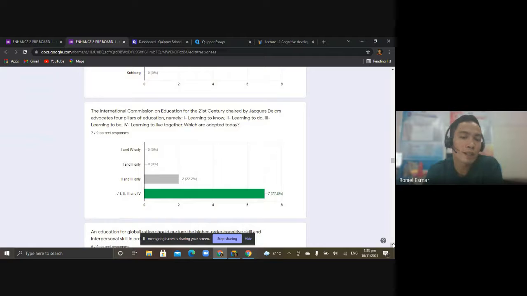Should we exclude one of the four pillars as being adopted today? Is there one of the four pillars that we have not put into practice today, that we do not include in the teaching and learning process in any educational system around the world? Is it just learning to know, or learning to live together that we adopt today? Or is it just learning to know and learning to do?